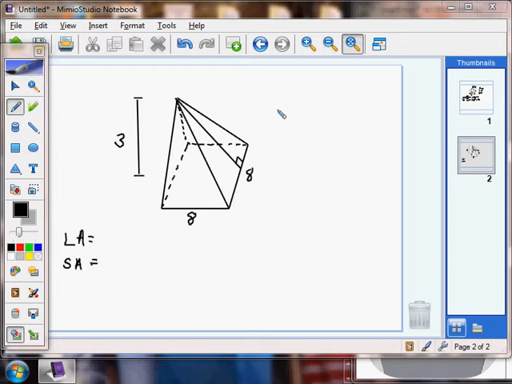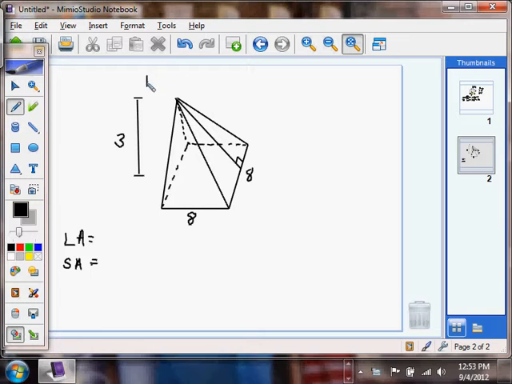Okay, now we're going to look at finding the lateral surface area and the total surface area of a pyramid. A pyramid is also named from its base.